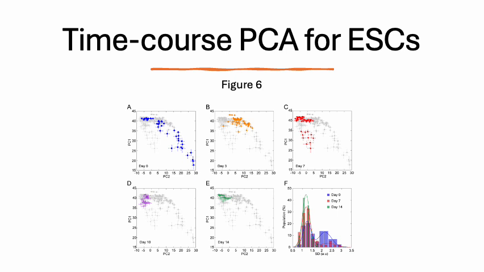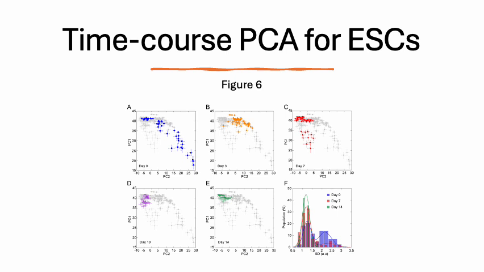And by the time the cells reach day 10 and day 14, the points on the PCA plot become much more tightly clustered, and this indicates a more uniform and likely stable differentiated state. The authors highlight that the standard deviation in PC scores, especially along the first and second principal components, PC1 and PC2, gets smaller.